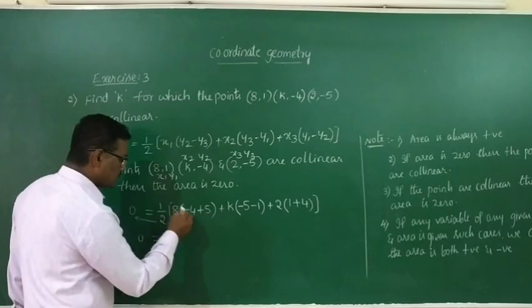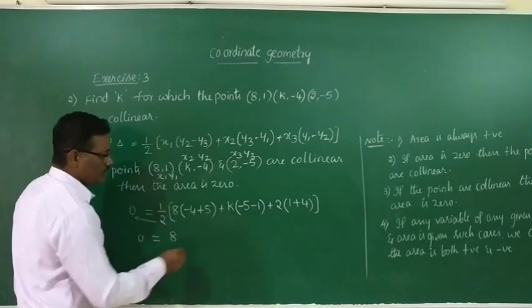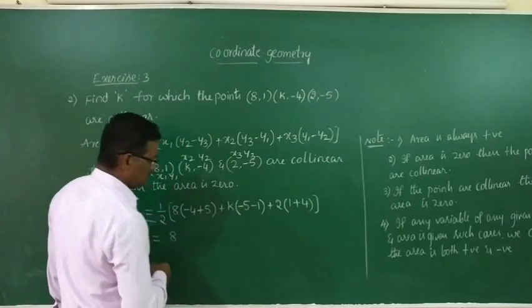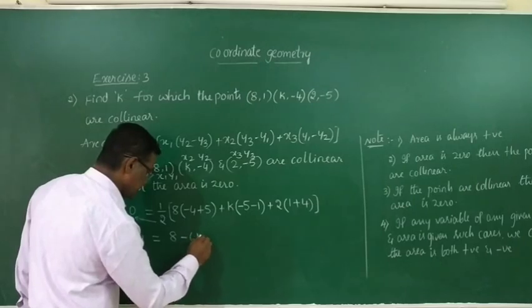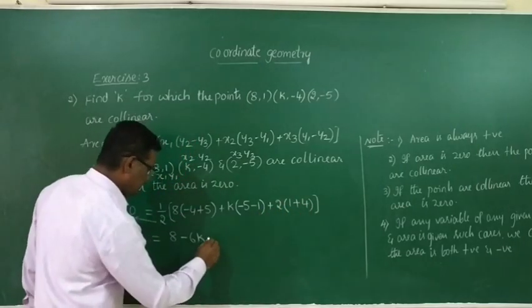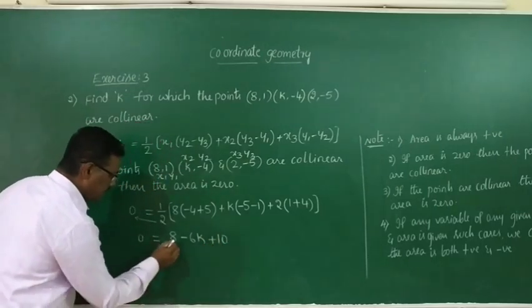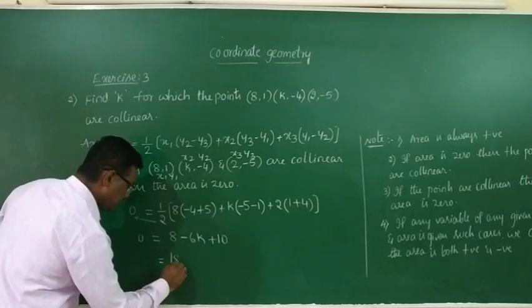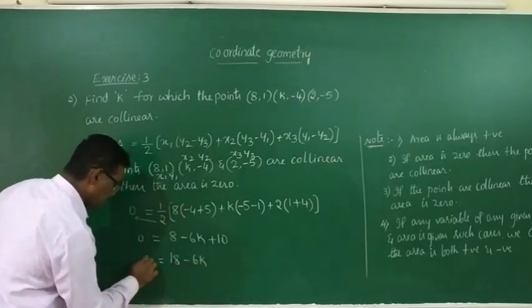And 5 minus 4 is 1 into 8. Minus 5 minus 1 is minus 6 into k, minus 4 plus 1 is 5, 5 2s are 10. Therefore 8 plus 10 is 18 minus 6k equal to 0.